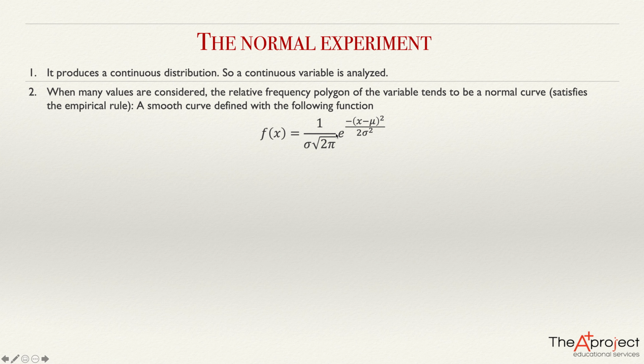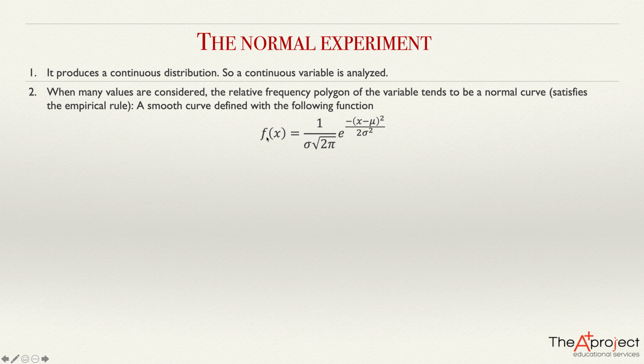Because then it says times e to the power, and this is a fraction in the power, minus (x minus mu) squared divided by 2 sigma squared. And this is the function that defines a normal distribution that has a standard deviation sigma and mean mu.